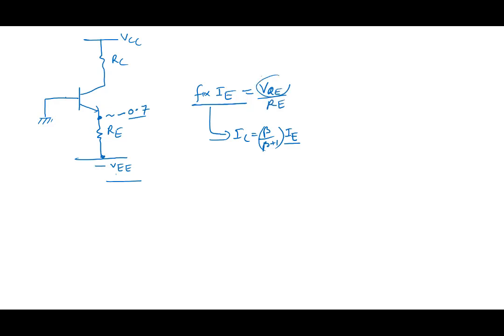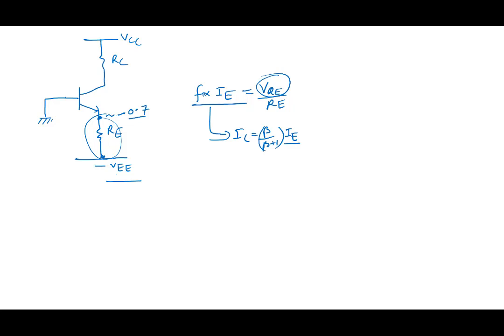We need to fix this value across this resistor, and dividing by RE gives us the current, but without using the negative supply voltage.